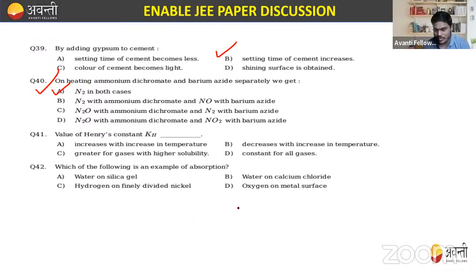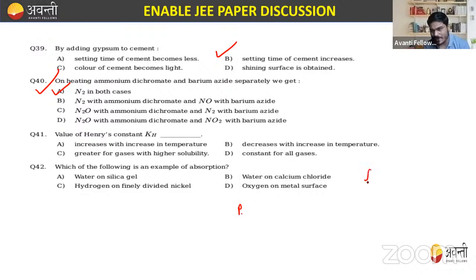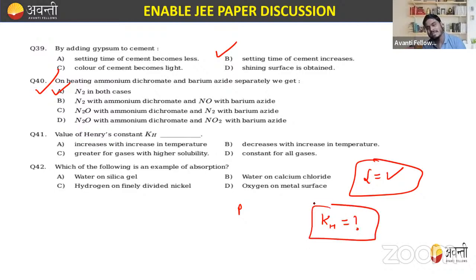We know that according to Henry's law, the solubility is related to the Henry constant Kh. If we know the value of Kh, then you can also calculate the solubility. Henry's law states that the amount of a gas dissolved in a liquid is directly proportional to the partial pressure.